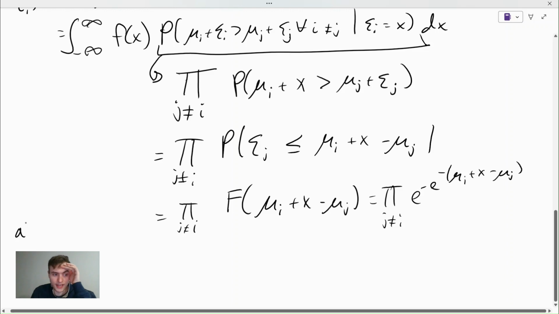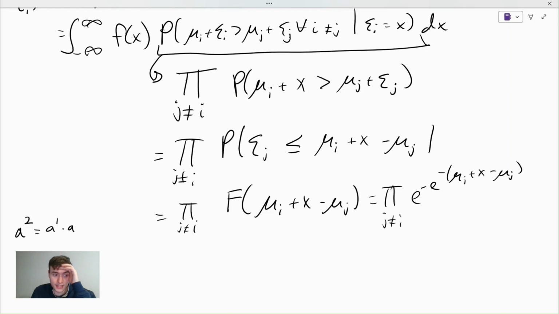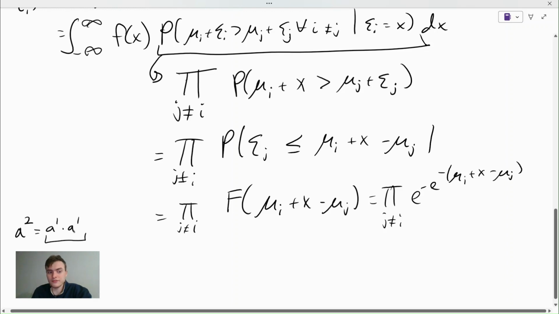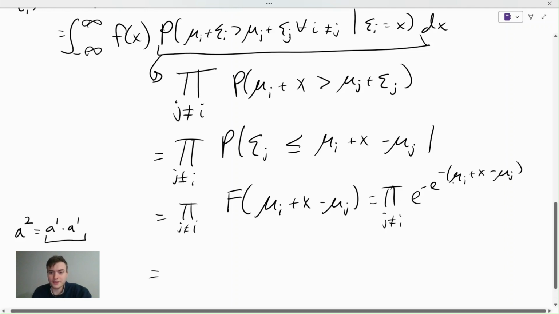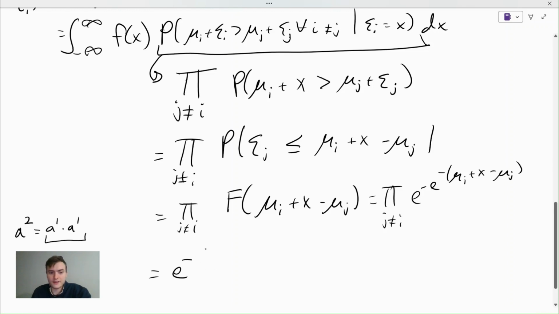If we do a to the 2, that's the same as a to the 1 times a to the 1. So right now we have it written in this form, where we're multiplying all the terms together. But really, multiplying the terms together is the same as adding up the exponents. So we can do e to the negative, you can put the negative on the inside or outside of the summation over j not equal to i, e to the negative mu plus mu_i plus x minus mu_j.